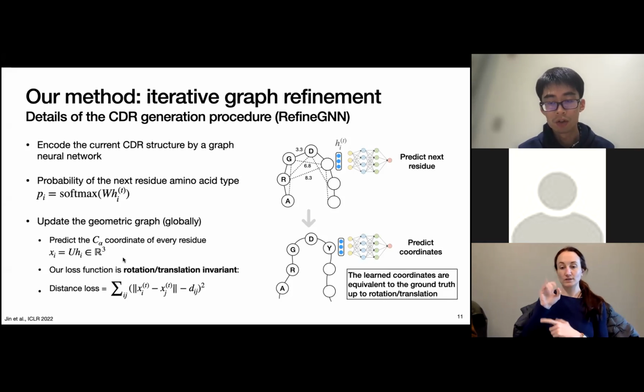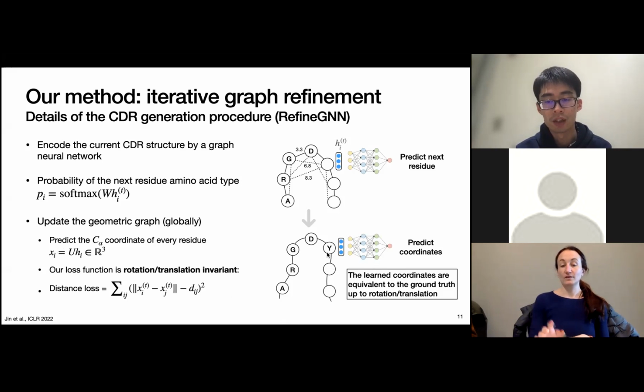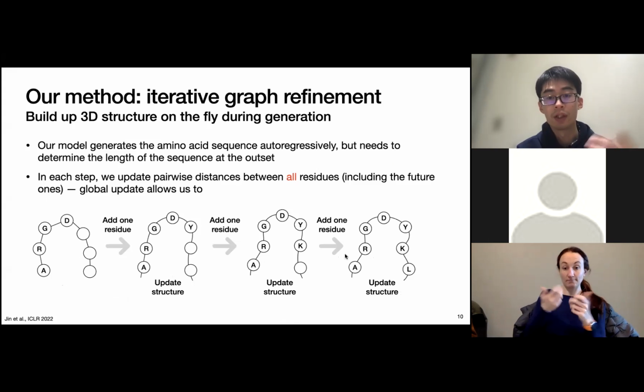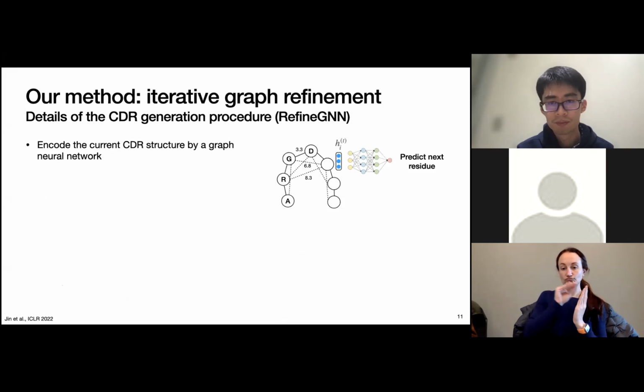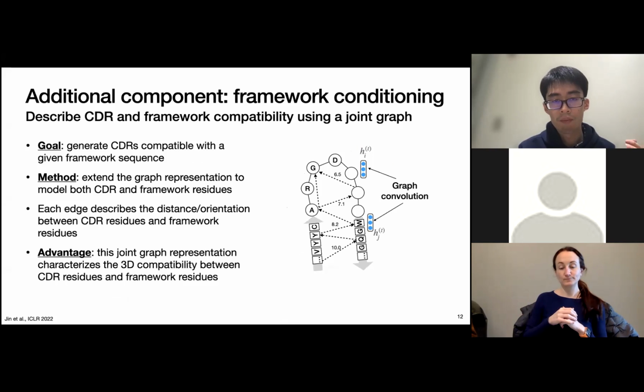So the learned coordinates will be equivalent to the ground truth up to rotation and translation. This is one step of update, and you do this iteratively until you fill out all the residues.